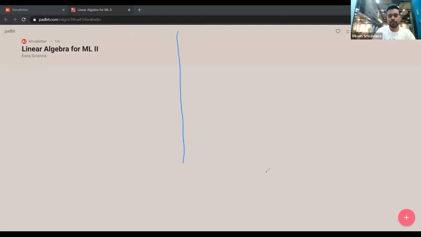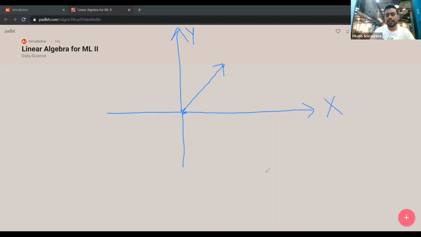Now let's consider a coordinate system in which we have the x-axis and the y-axis. So there is a vector, and of course this point is 1 0. This particular point is 1 and this particular point is also 1, so this vector can be denoted as 1 1, the x component and the y component.